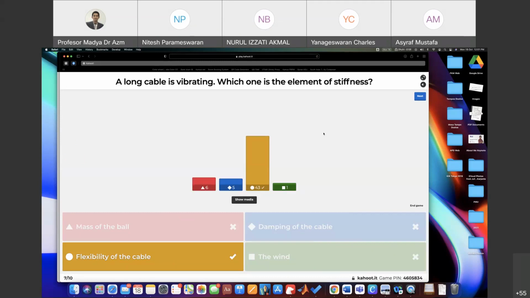Sampai masih ada yang jawab mass of the ball. Should be flexibility.